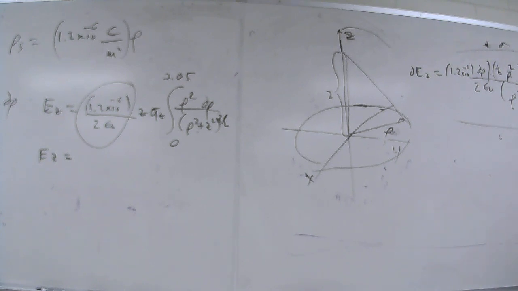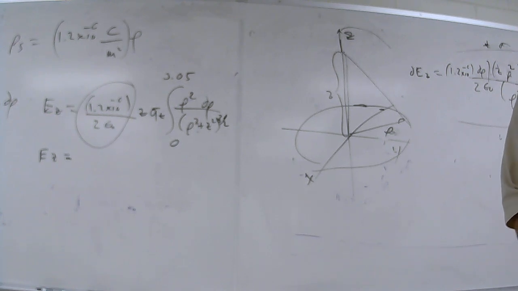Is there any way you could do this last problem with dq being rho s d rho d phi? Yeah, but you're asking for another integration, then you have to do a d phi integration.